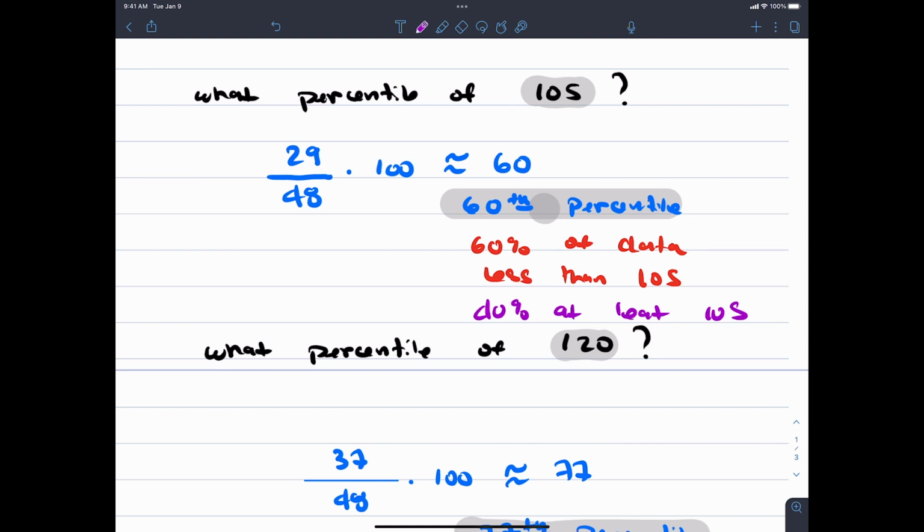So, 40% of the class at least got a C, because that's where the C grade is, 105. Okay, does that make some sense to you guys?